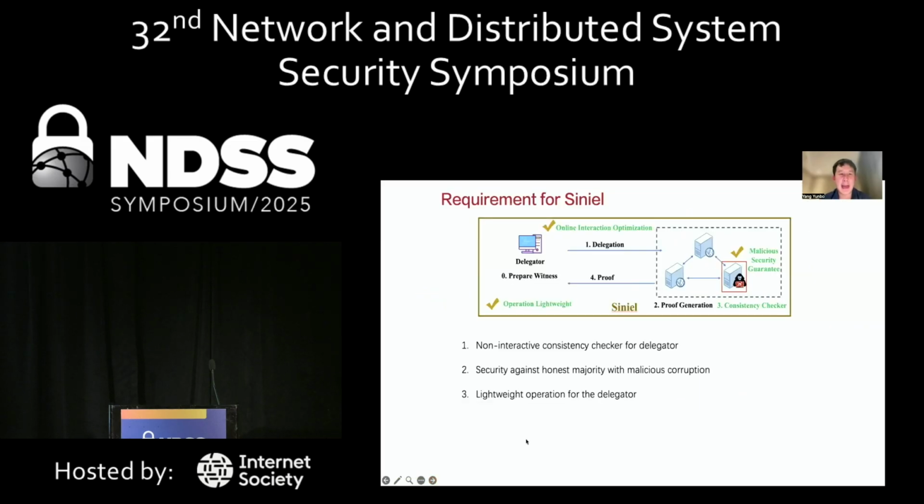And these are our requirements for SENIOR. First, a non-interactive consistency checker for the delegator. Second, security against honest majority with malicious corruption. And third, lightweight operation for the delegator.